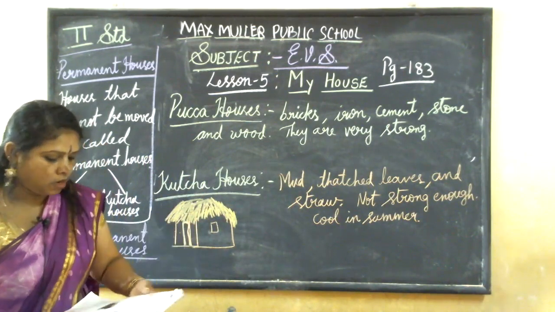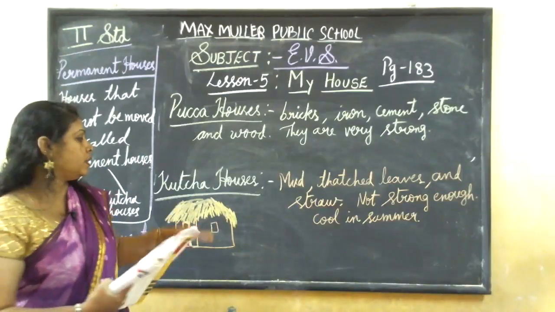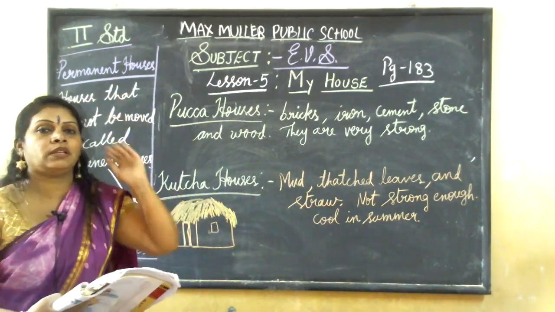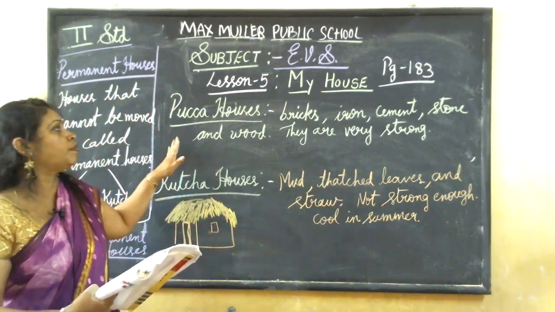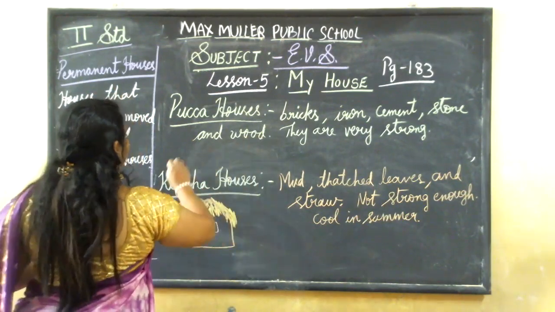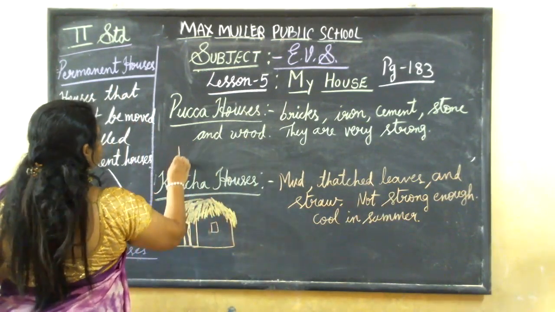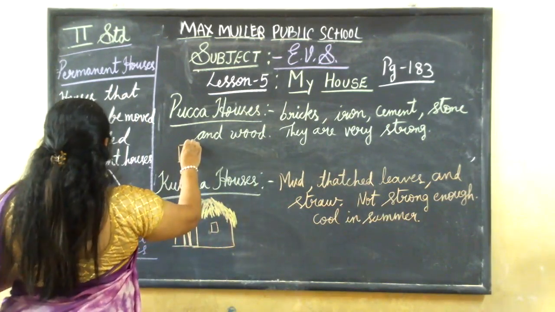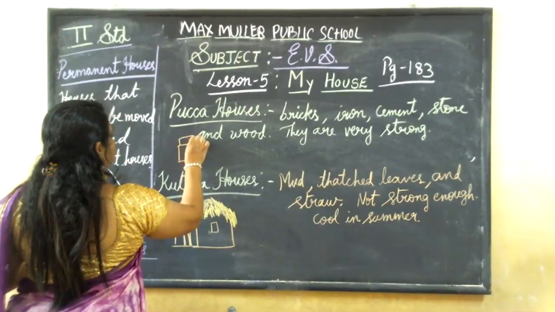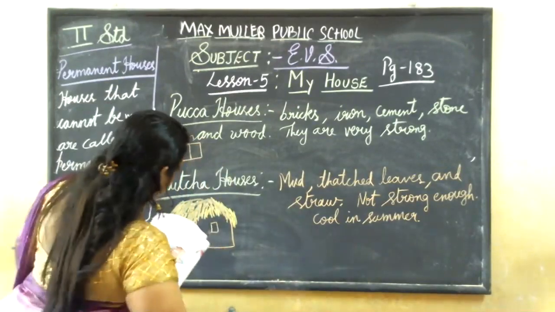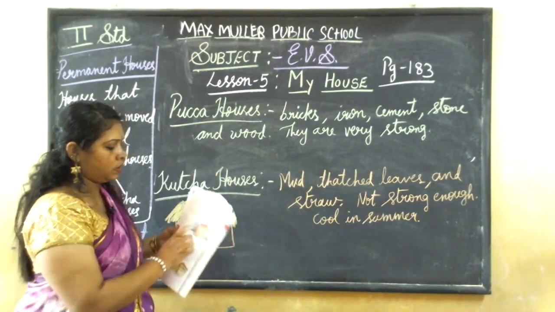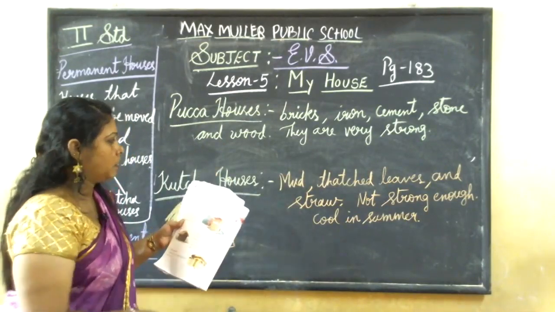Okay. Now, types of roofs. In this also, this is the roof. Roof means on top of your building, that is the roof. For Pucca houses, it is constructed with strong bricks, iron, everything, so you can see the buildings will have nice designs. But you can see in the chart, children.